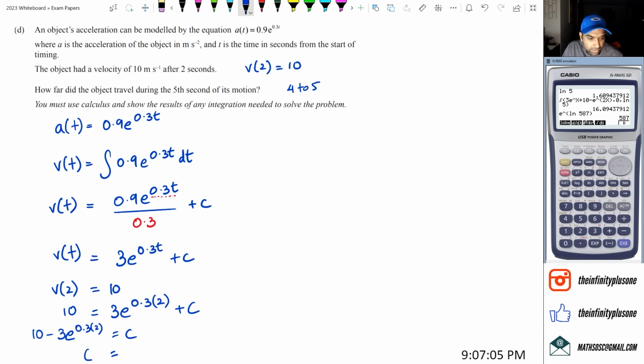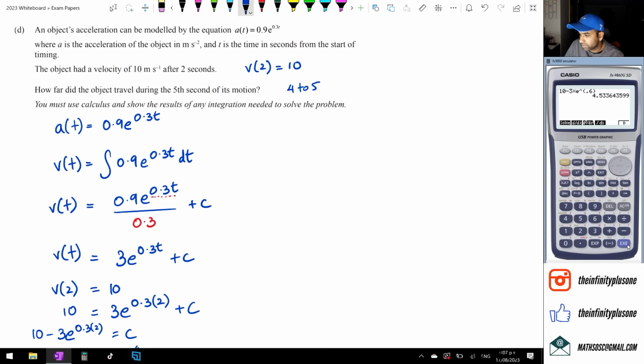So into my calculator I go: 10 minus 3 times e to the power of 0.6, and this is what my c value is, which is 4.534.